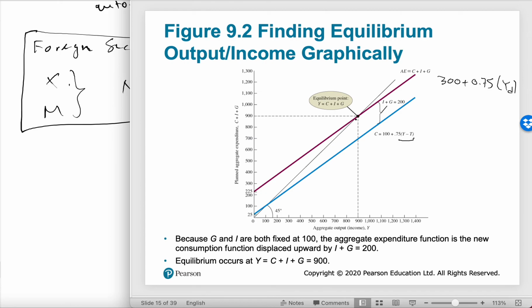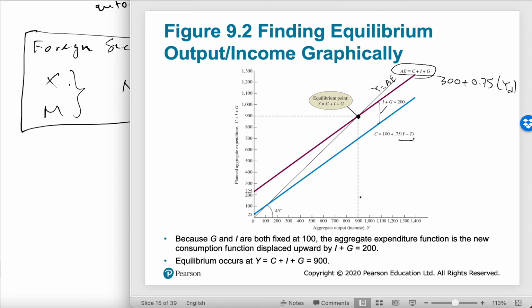So the equilibrium level of income would be the intersection of the 45-degree line, which is showing the equilibrium, and the planned aggregate expenditure. So this is Y equal to aggregate expenditure, and the intersection of this brownish or purplish line, which is the planned aggregate expenditure, equals the aggregate output. That's the equilibrium.